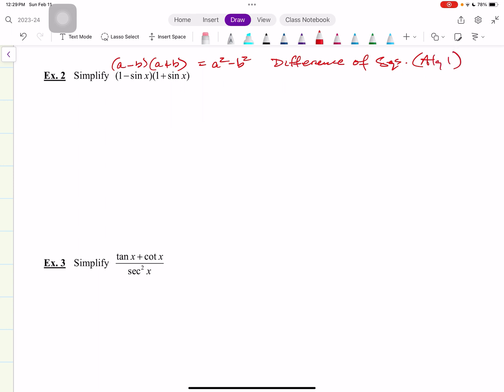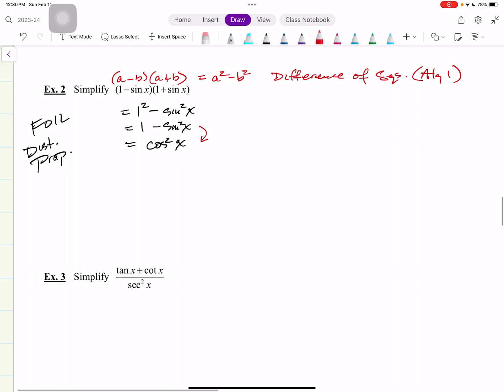So all you have to do is multiply them, and you could use FOIL if you want, or the distributive property, which is the same thing. If you multiply out, you get 1 squared minus sine squared x, which is 1 minus sine squared x. And as I just said earlier, that's equal to cosine squared x. And you're done.